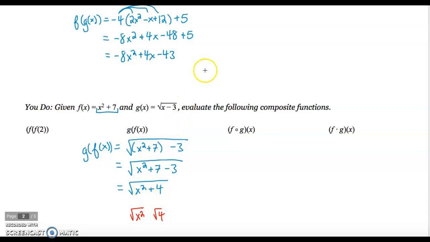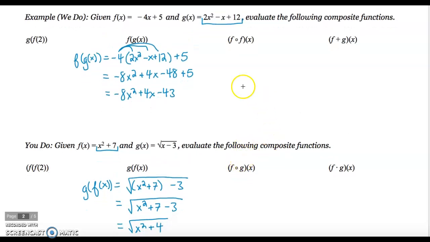So the same way that when you have, for example, x plus 3 squared, I am not allowed to distribute because I have addition happening, I cannot just apply the square root individually to the x squared and the 4 because I have addition happening. So that's actually as simple as we get for this one. It makes some people upset, but sorry, just stop trying to do more math, all right?